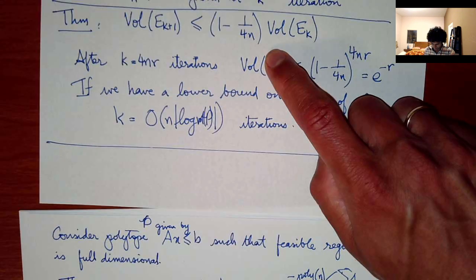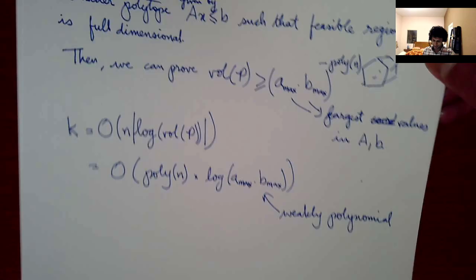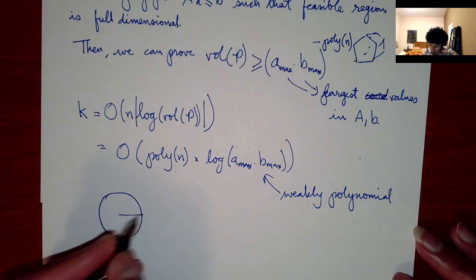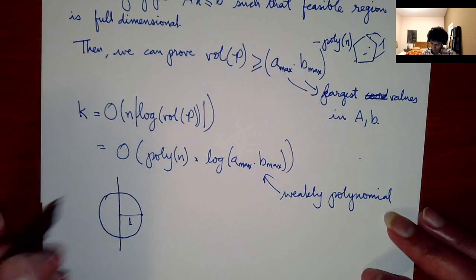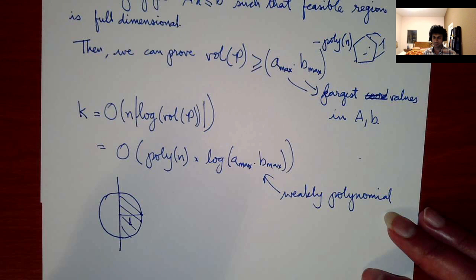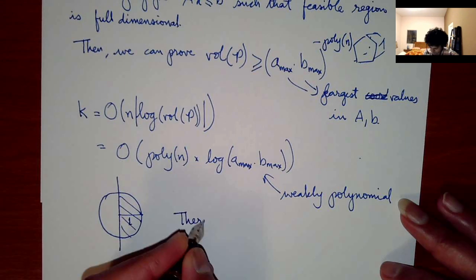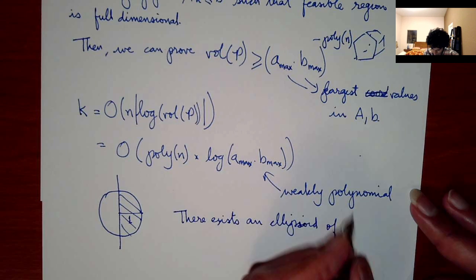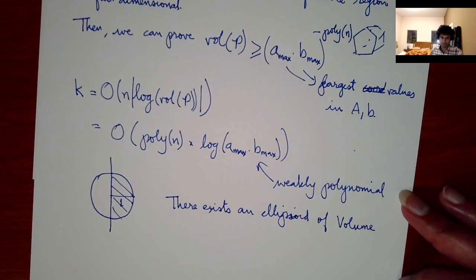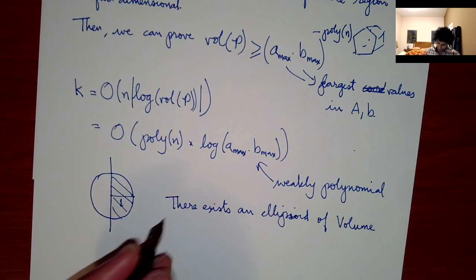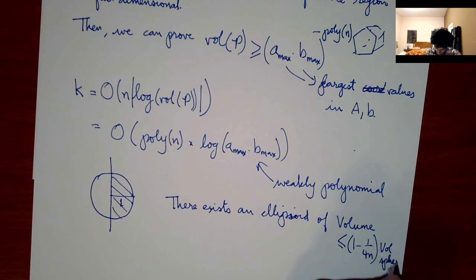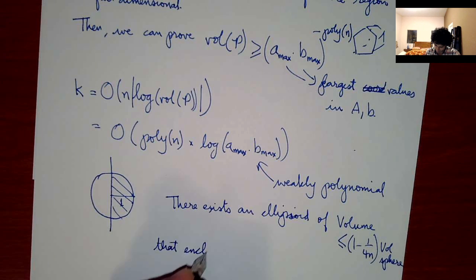It ends up being some algebra that I can explain quite quickly, which is simply that you consider the unit radius sphere, and you take this shaded region, and you argue that there exists an ellipsoid of volume less than 1 minus 1 over 4n of the volume of the sphere that encloses the shaded region.